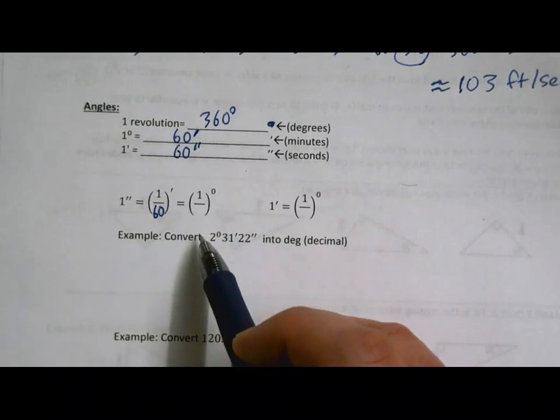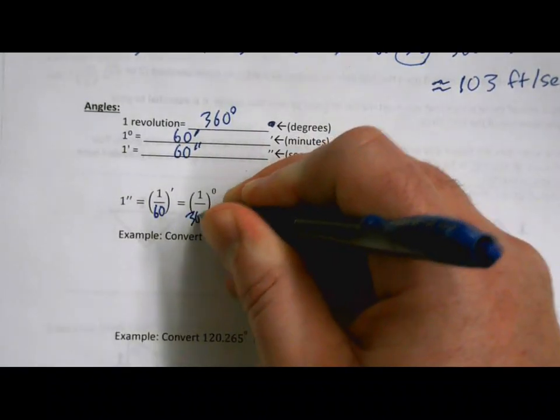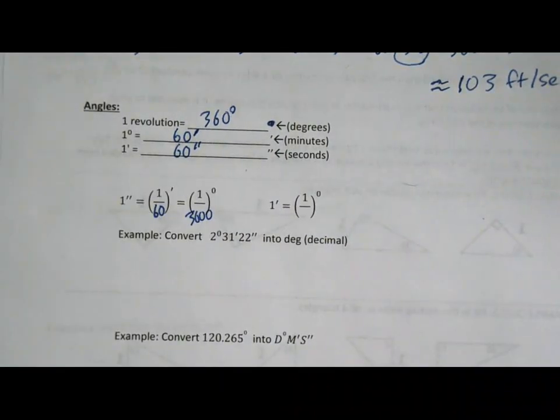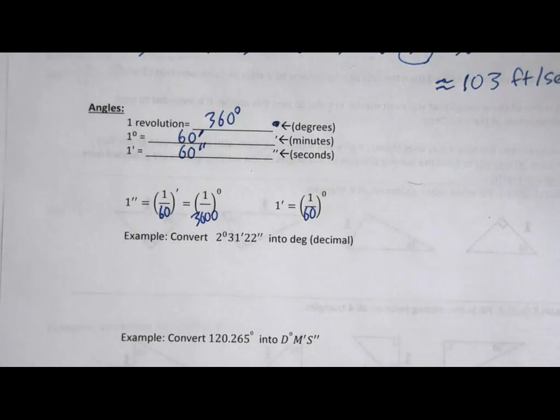What would that be in degrees? 1/3600th of a degree. And 1 minute is 1/60th of a degree.